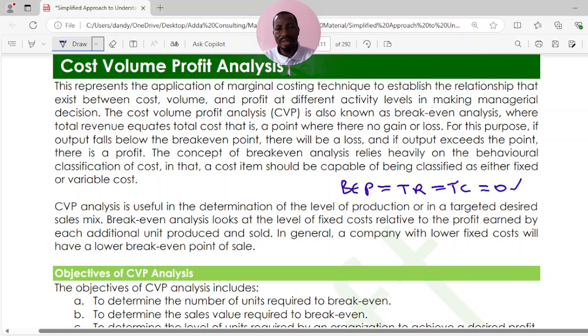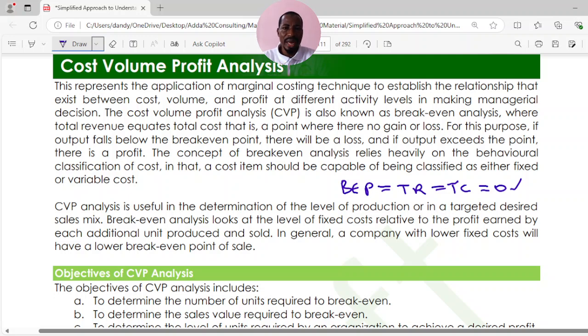Break-even analysis relies heavily on the behavioral classification of cost, which simply means that a cost item must be capable of being classified as either variable or fixed cost. You recall that when we had the lecture on short-term decisions, I mentioned that the marginal costing concept is designed principally to aid managerial decision making.